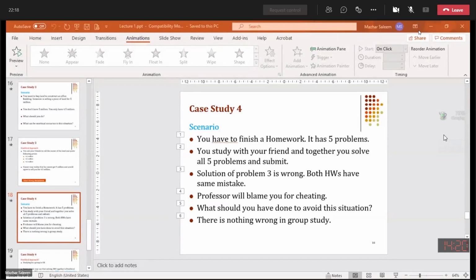Sir, if it is required that the students should have different solutions, then the professor can take some legal action, but otherwise he should accept it. Okay, you should accept it. But most of the time, the assignments that we give to students have a unique solution.